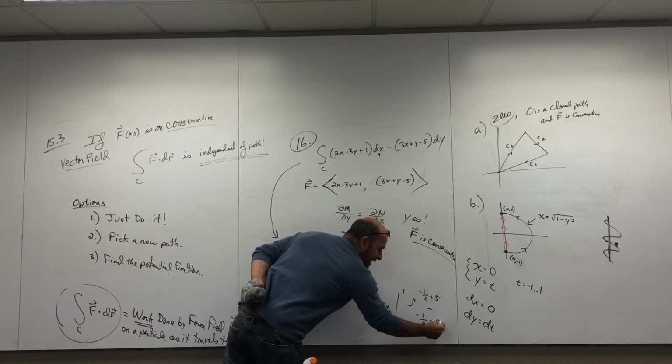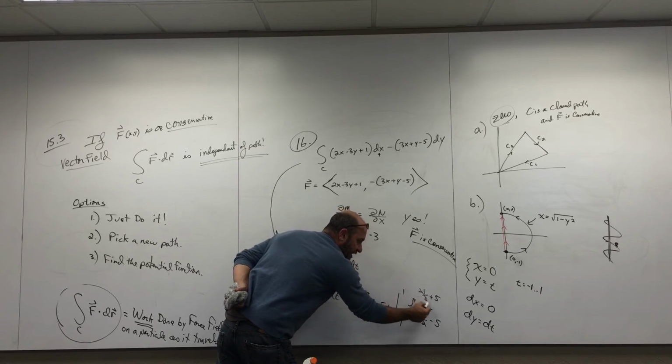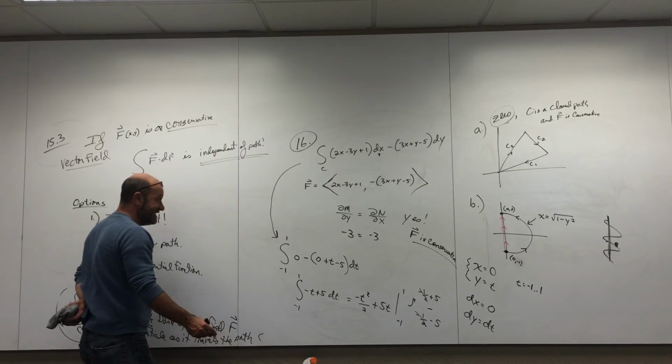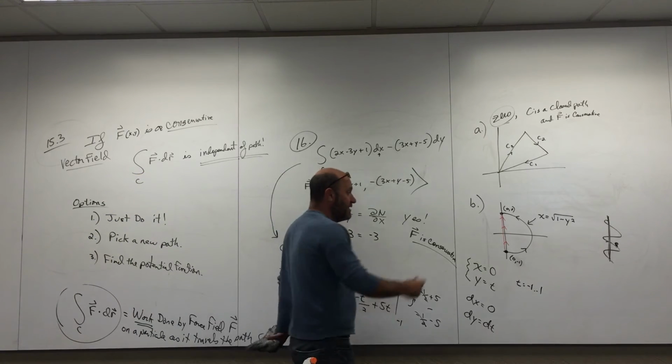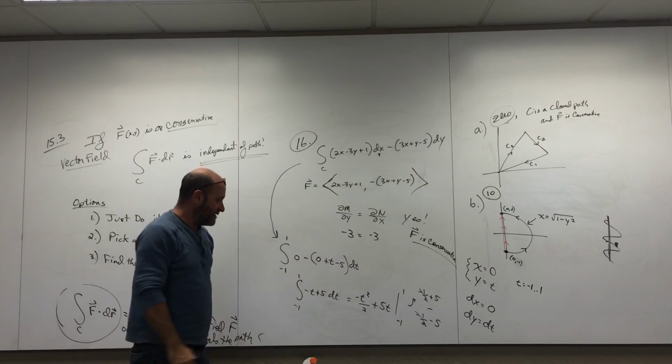Hold on, I am subtracting. -1/2 minus -1/2, they're going to cancel. 5 minus -5, they're going to add together. The answer is 10. Part B, the answer is 10.